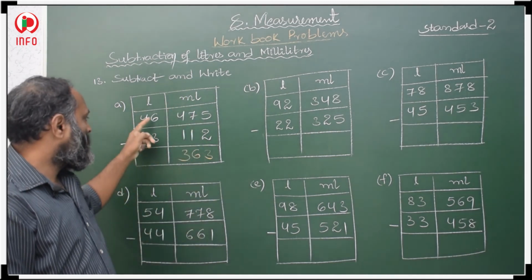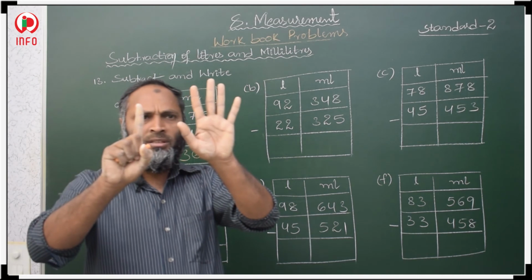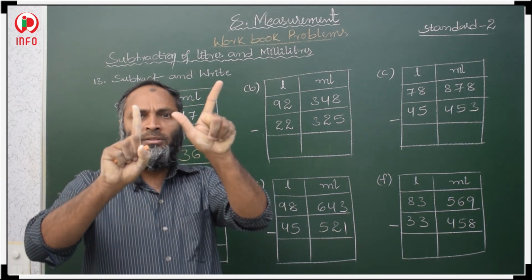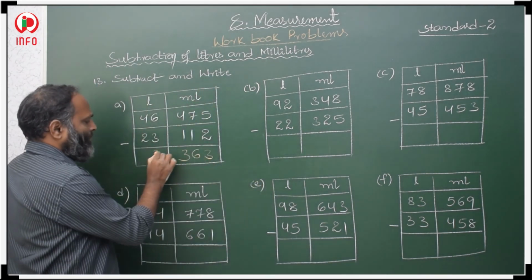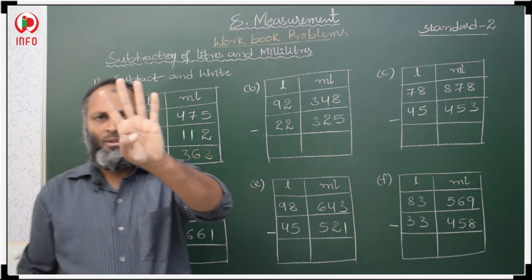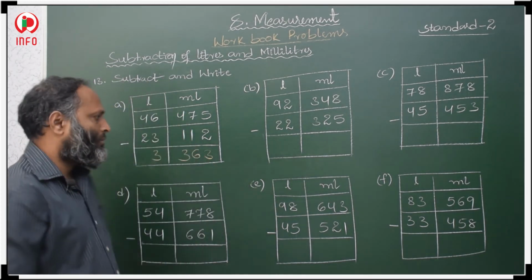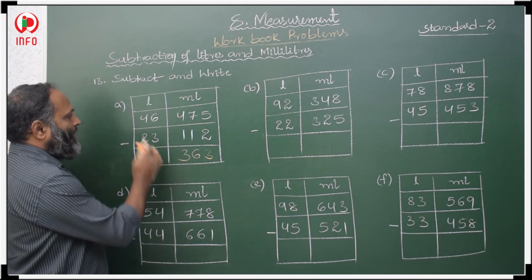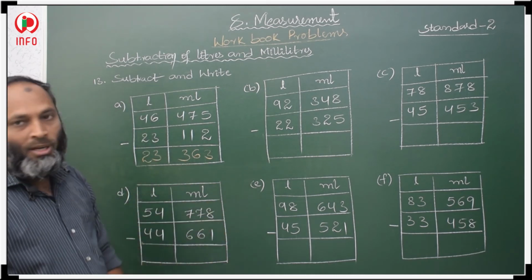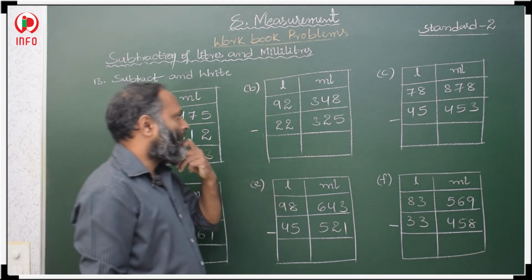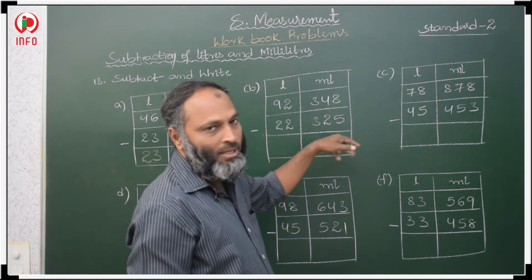Now liters. 6 minus 3, 3. 4 minus 2, 2. 23 liters, 363 milliliters.